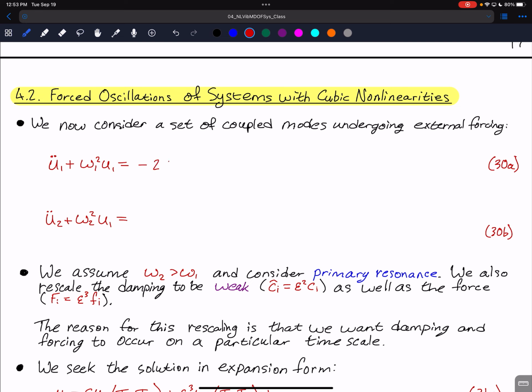So we'll have a damping 2 C1 hat times U1 dot plus alpha 1 U1 cubed plus alpha 2 U1 squared U2 plus alpha 3 U1 U2 squared plus alpha 4 U2 cubed, and then lastly plus, we're going to have a force here F1 times the cosine of omega t plus some shifting tau 1.